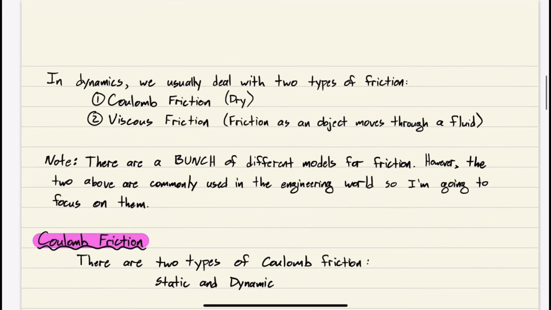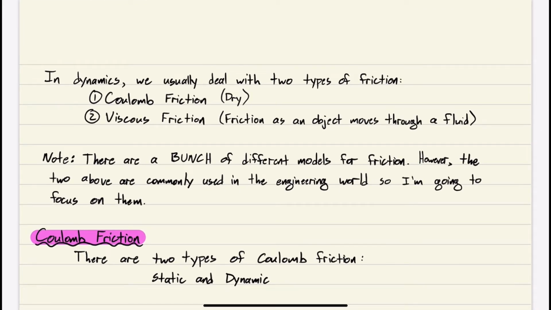In dynamics, we usually deal with two types of friction: Coulomb friction, which is also known as dry friction, and viscous friction, which is the friction as an object moves through a fluid. These are the two popular ones that I commonly come across, but note that there are a lot of different models of friction. Friction is a very hard thing to model or guess.